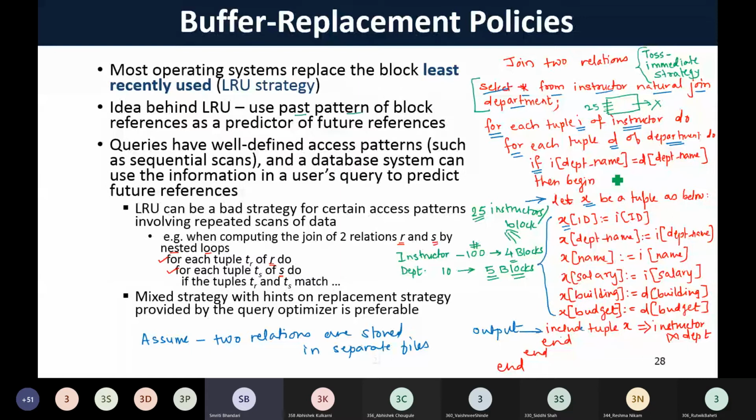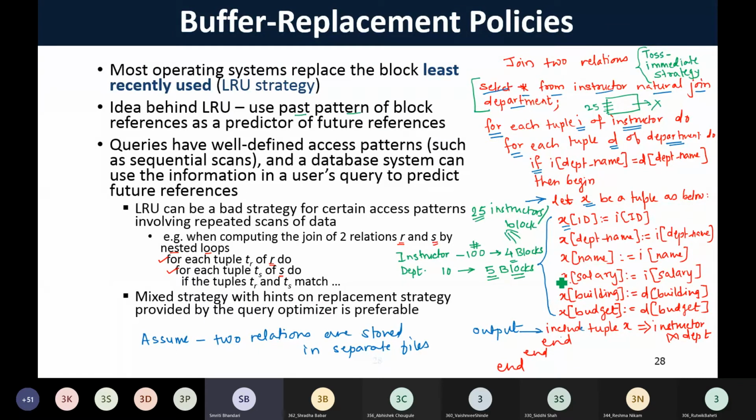So all the department tuples need to be checked means for every tuple of instructor, we need to access all 5 blocks of department. Do you agree with me? Yes? Yes. Fine.